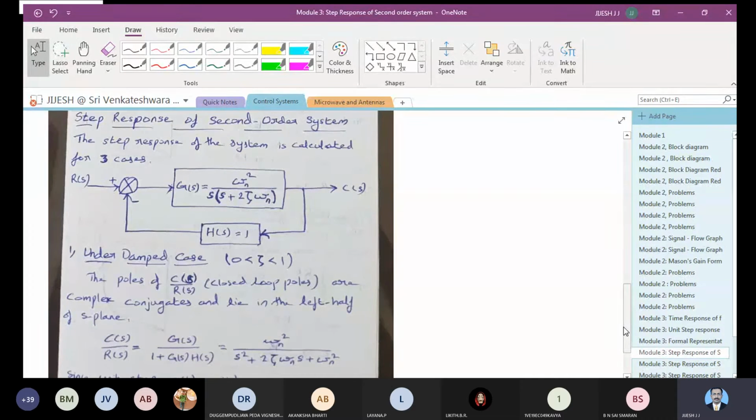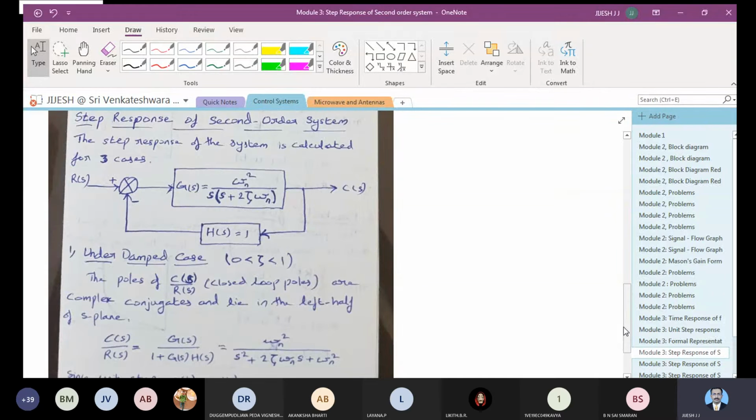So all of you draw this diagram. Write down step response of second order system. This topic is very important. They may ask you to explain underdamped case for the second order system with step response, or they may directly ask you to explain the step response of a second order system.